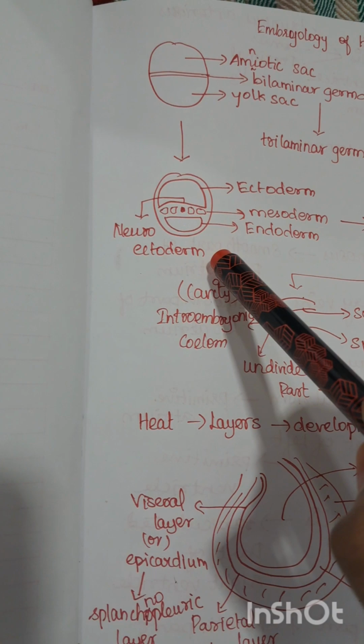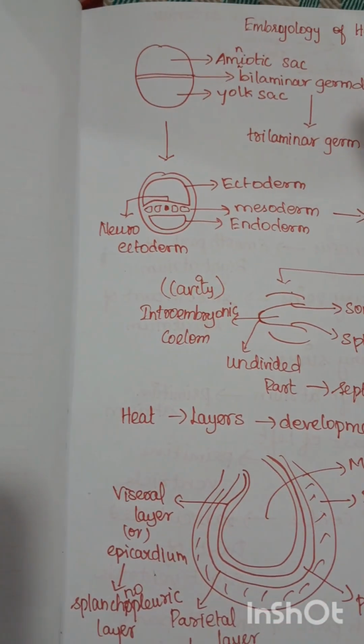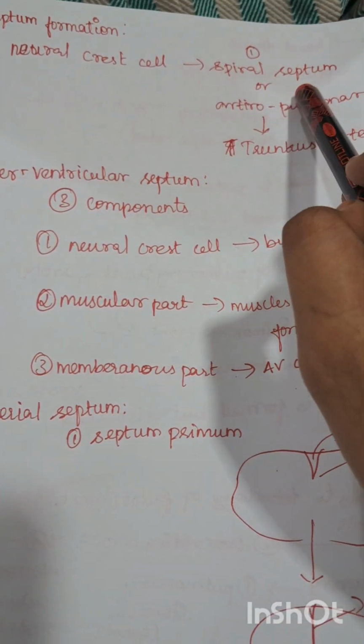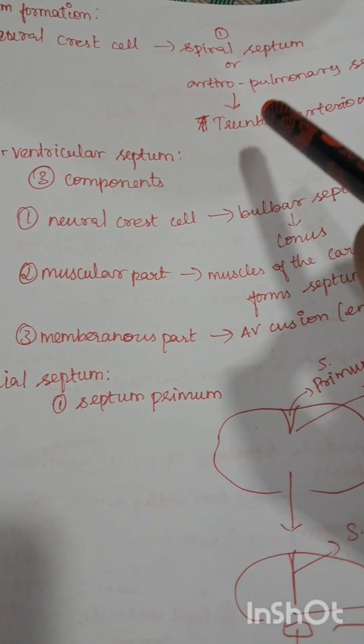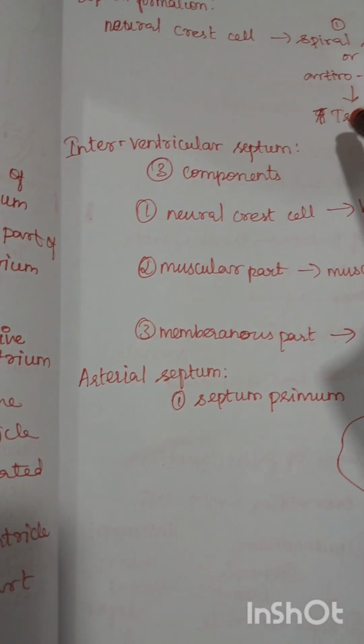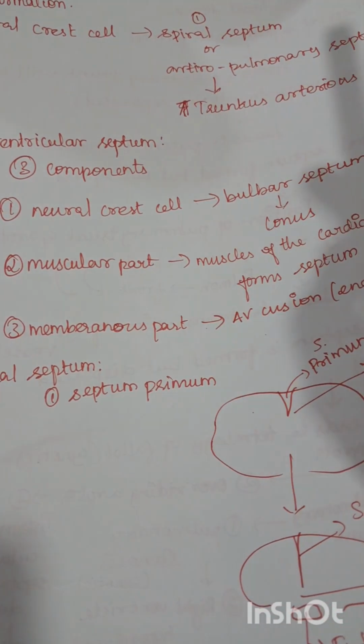After formation of the neural tube, some of the cells split out to form the neural crest cells. These neural crest cells form the spiral septum in the truncus arteriosus. As we know, the truncus arteriosus gives rise to the pulmonary artery and aorta.